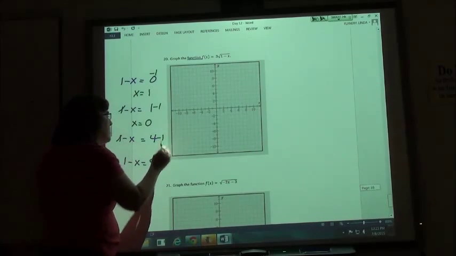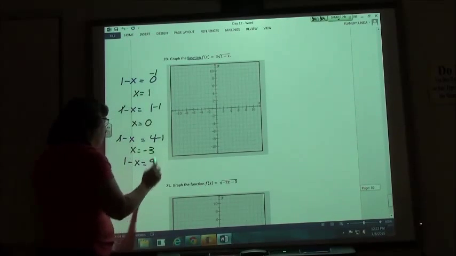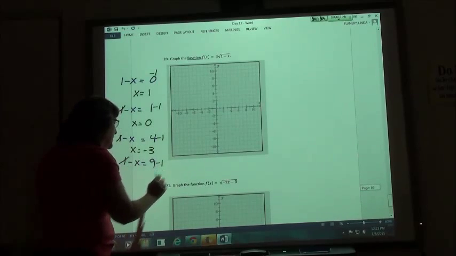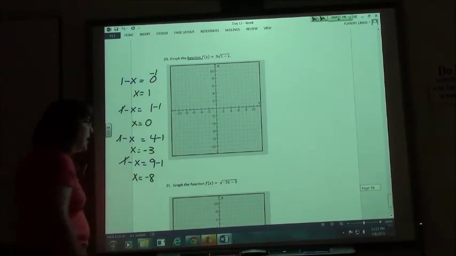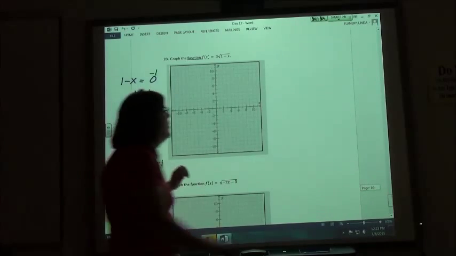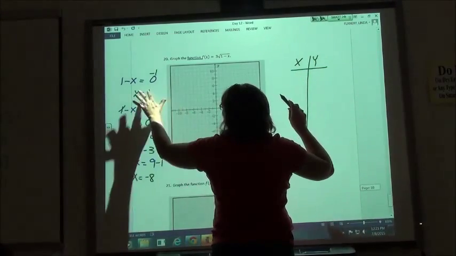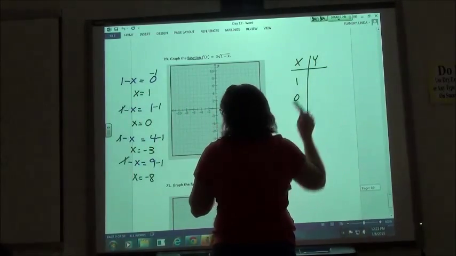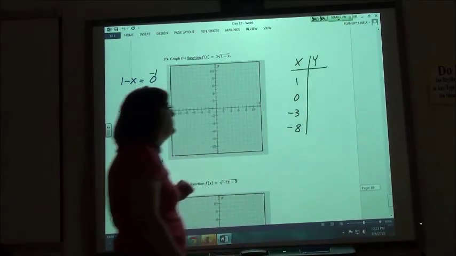Here I'm going to minus my 1, which is 3, but divide, so -3. Here I'm going to minus my 1, which is 8, divided by -1, so -8. So in my table, the x values I'm going to use are 1, 0, -3, and -8.